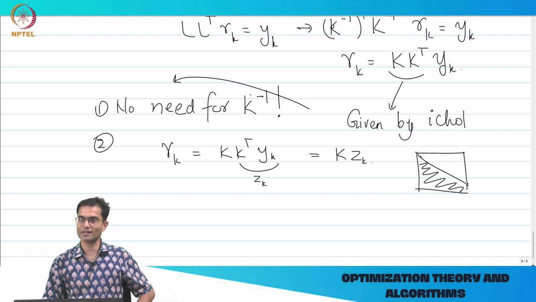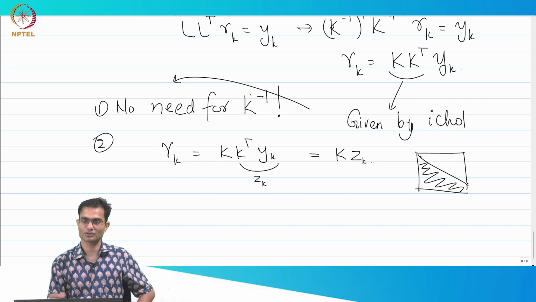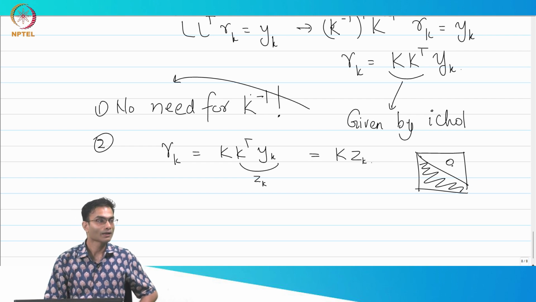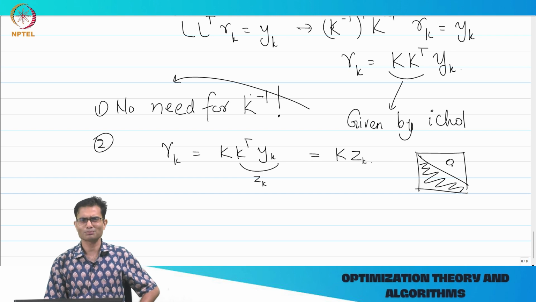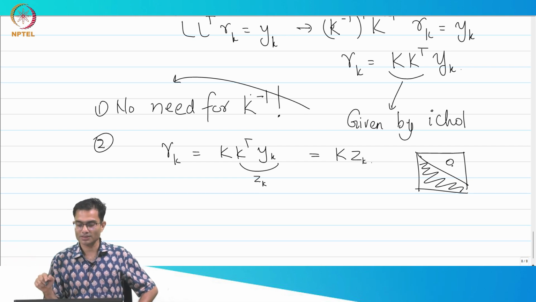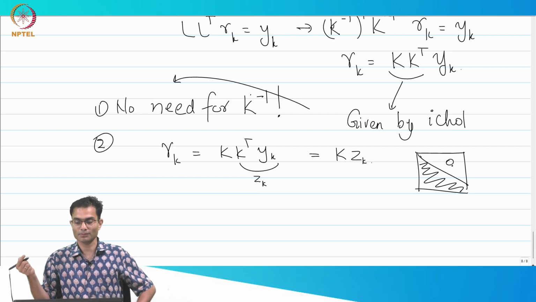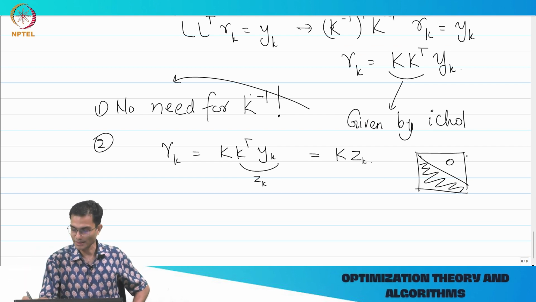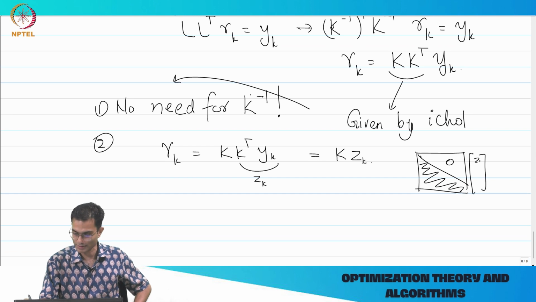Visualize this matrix. The shaded part is where the numbers are non-zero and this is 0. Something much simpler. If you saw this matrix in class 12, you could solve it. What is it? Back substitution, right? For example, Z1, supposing this is being multiplied by Z1 up to Zn.